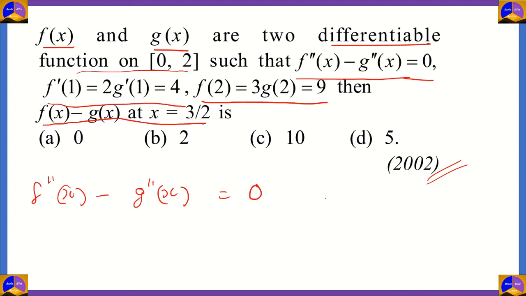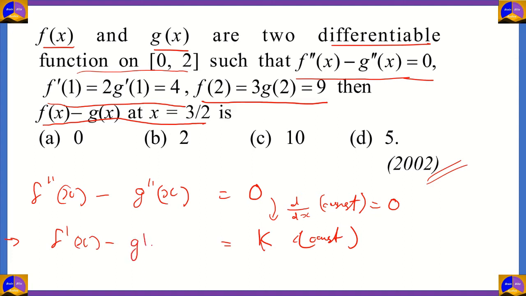So if you remember, in differentiation, d by dx of a constant will be equal to 0. So therefore, if at double differentiation the right hand side is 0, then at first differential the right hand side must be a constant k. And on the left hand side, at first differential it will be f dash x minus g dash x.